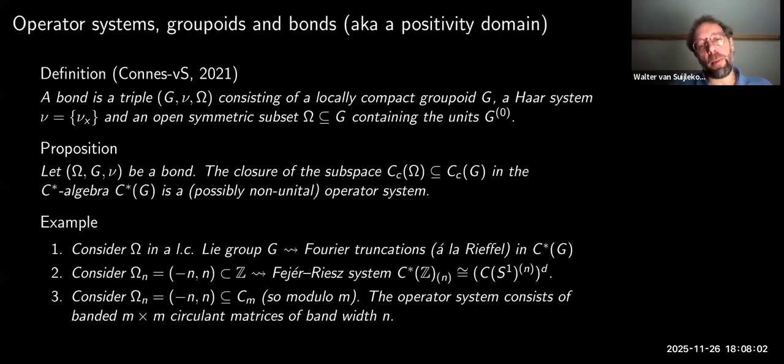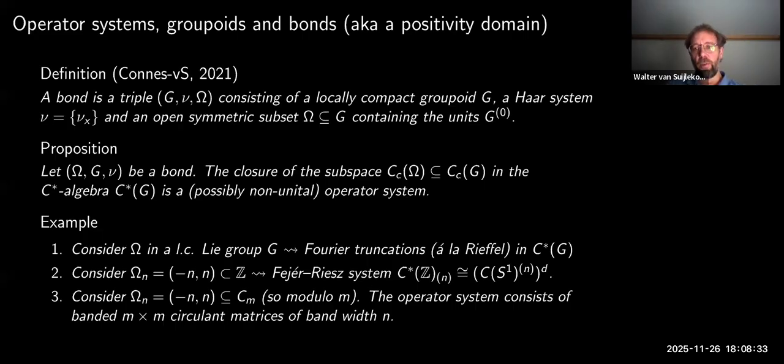Interestingly, if you do the same in a cyclic group, you take the same Omega n, but the C-star algebra is different, so you get a completely different order structure, because you get it from C-star of Z_m. The operator system is then that of banded circulant matrices with a fixed bandwidth n. So that's indeed different from the Fejér system, and the propagation number is now finite, and so on.